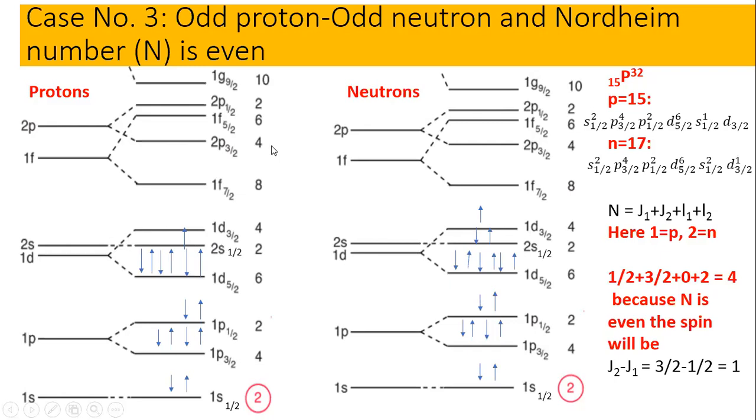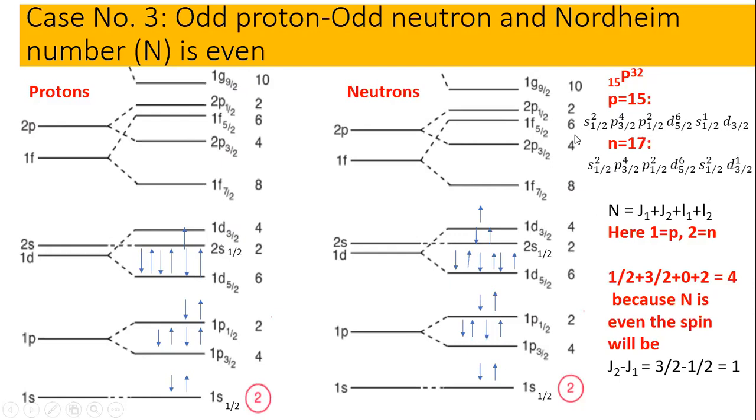So both are going to contribute, because both protons and neutrons are odd in number, so both neutron and proton contribute towards the nuclear spin. So now it is complicated how we can calculate the nuclear spin, because both have spin. That's why we are going to apply the Nordheim rule.